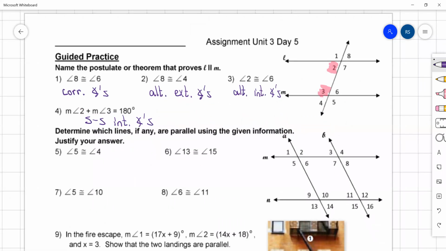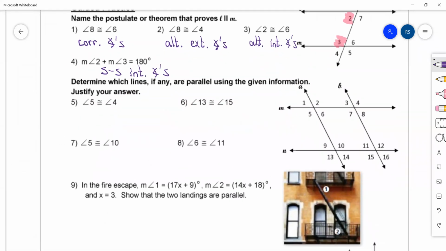Okay, next one. We have to actually state which 2 lines are parallel if we even can, based on the given information. We may not be able to, so keep that in mind. We may not have enough information.